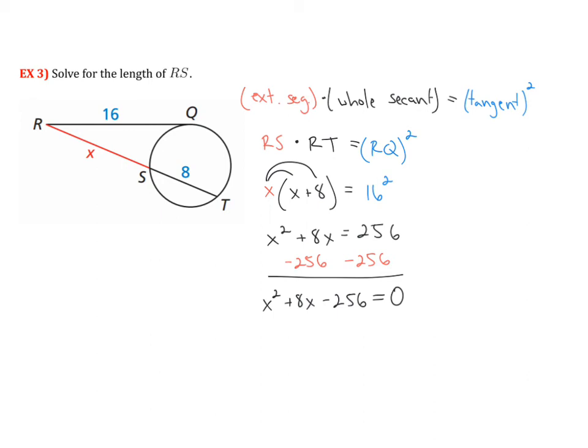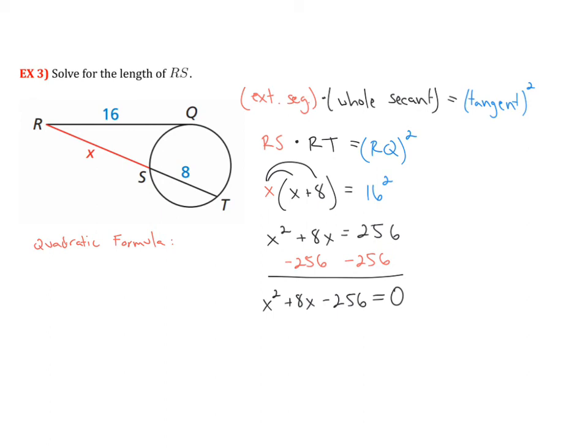Now we can see if we can factor. But unfortunately, there are no factors of negative 256 that will add to give us a positive 8. So what we need to do now is use the quadratic formula. Here is what the quadratic formula says.